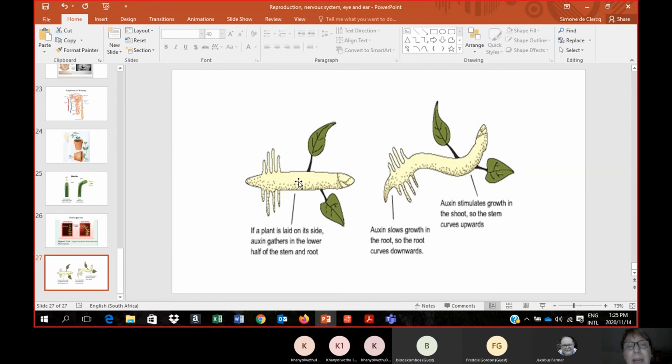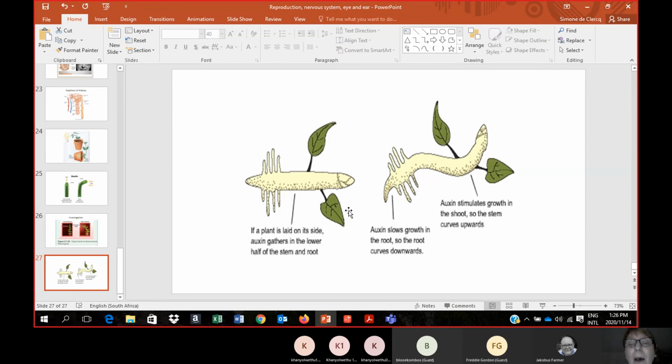You've got this picture in your notes as well, and it illustrates it very well. Here we've got a plant that's been laid on its side. These are the roots, and those are the leaves. These little dots are the auxins that have moved to the lower side under the influence of gravity.